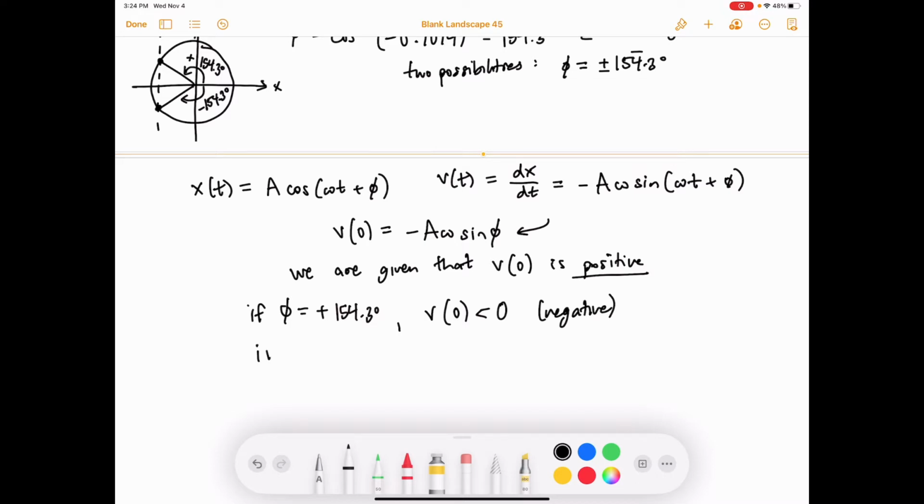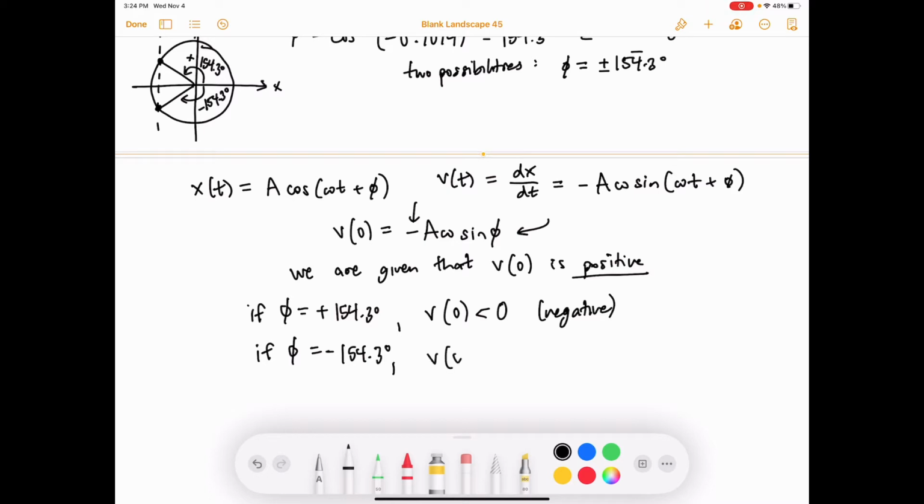On the other hand, if we say phi is negative 154.3 degrees, if you plug in sine of negative 154.3 degrees, you will get a negative number. But that negative sign will cancel out with this negative sign out front.